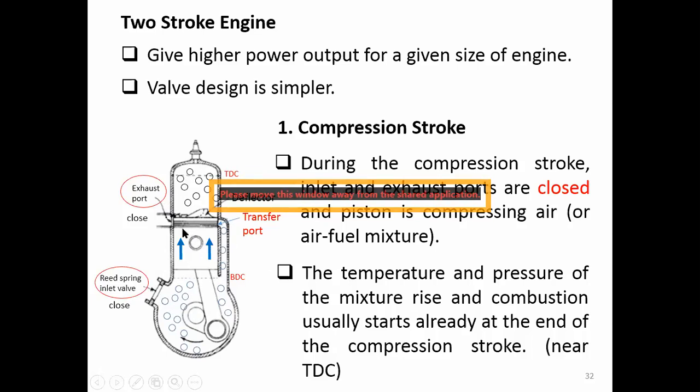So when the piston moves up during the compression stroke, it will close these two ports together along the way. So the volume inside here becomes a closed volume. So the compression happens, right?